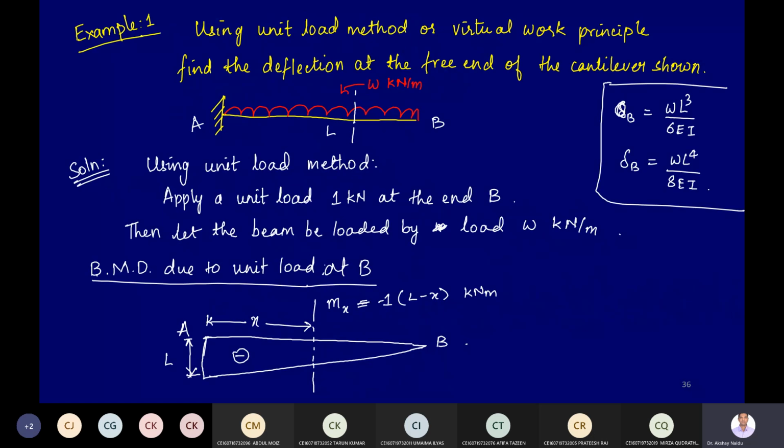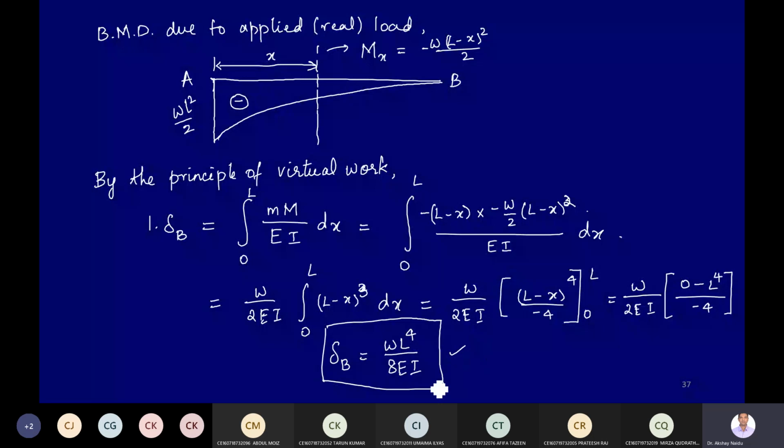You have seen W L power 4 by 8 EI, and you are getting W L power 4 by 8 EI. This is finding the deflection.